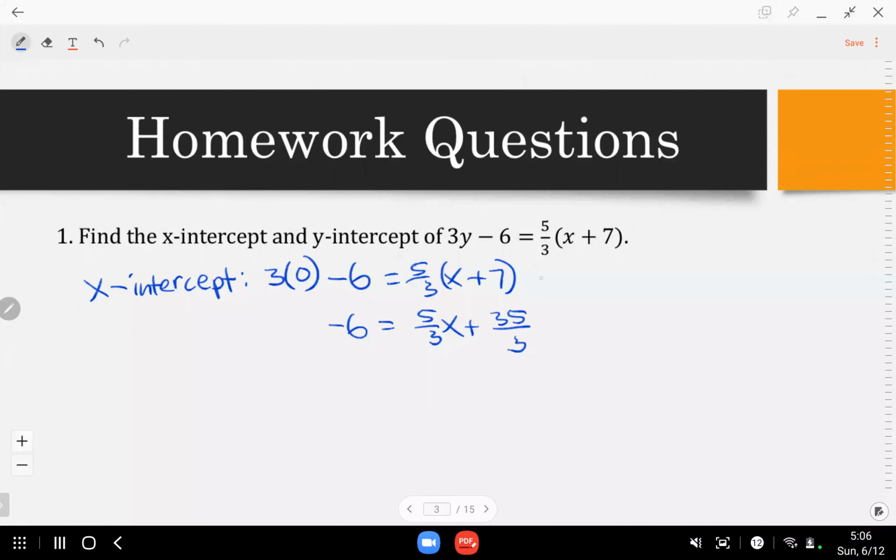After that, we multiply everything by 3, so it's -18 equals 5x plus 35. Then we move the 35 to the other side, so x equals -53 over 5. All right, very good.